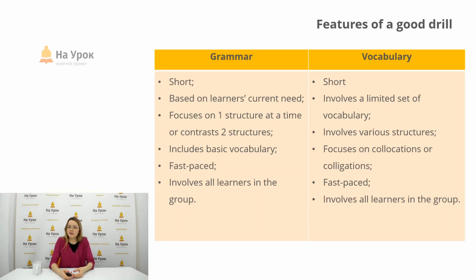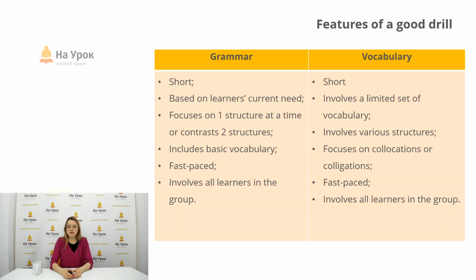If that's a vocabulary drill, on the other hand, you will work on a limited set of vocabulary. With grammar drills, you only look at one structure or contrast two structures, but here it's a selection of several vocabulary items. Let's say 10 or 15 or whatever you've taught.